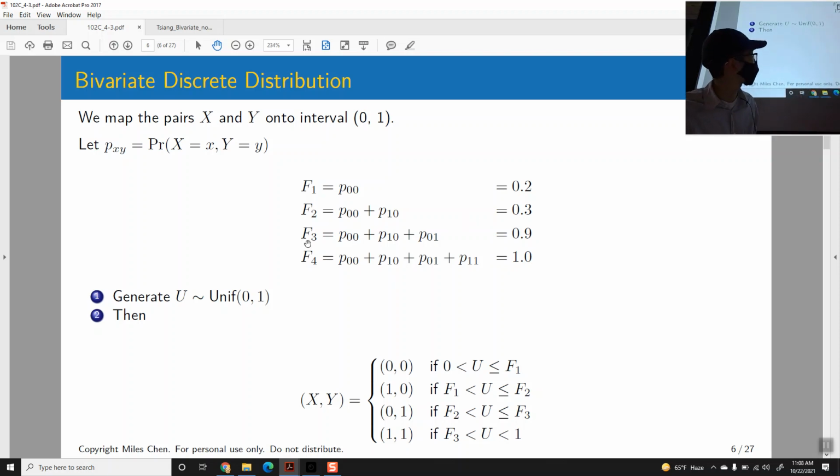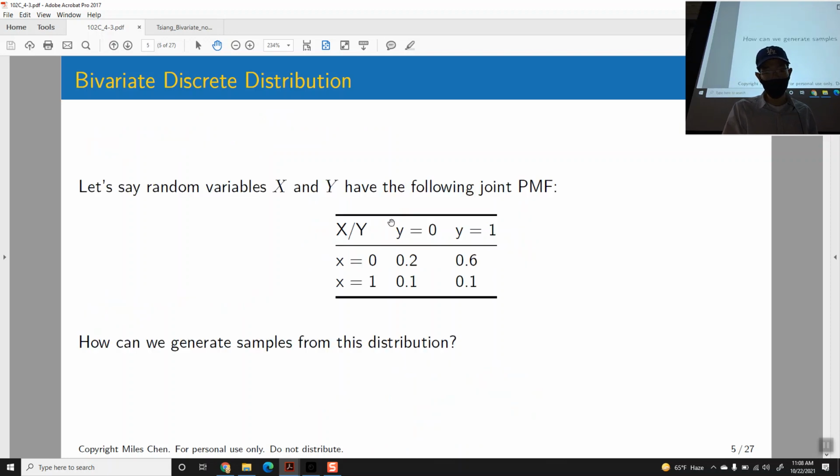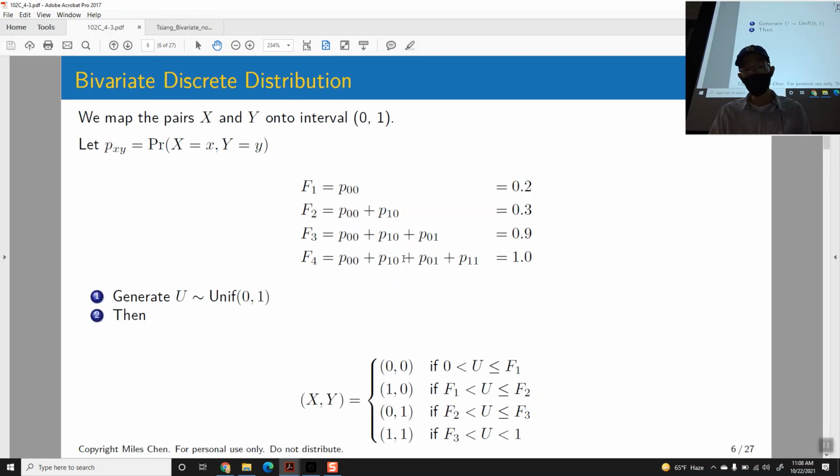And what we're going to do is generate a random uniform value on the interval 0 to 1. And we're going to say if u ends up between 0 and this first boundary, 0.2, then give me the value 0, 0. Okay, and so we can see that that's going to happen with probability 0.2.